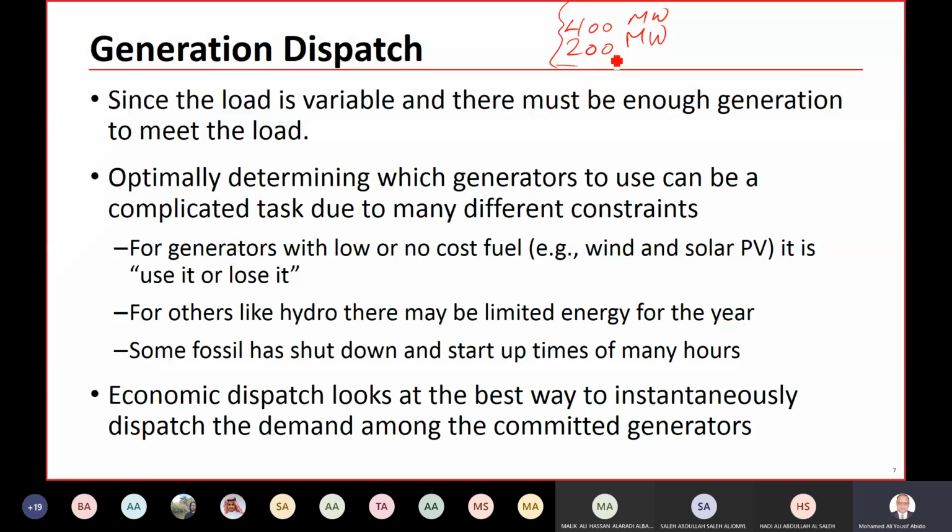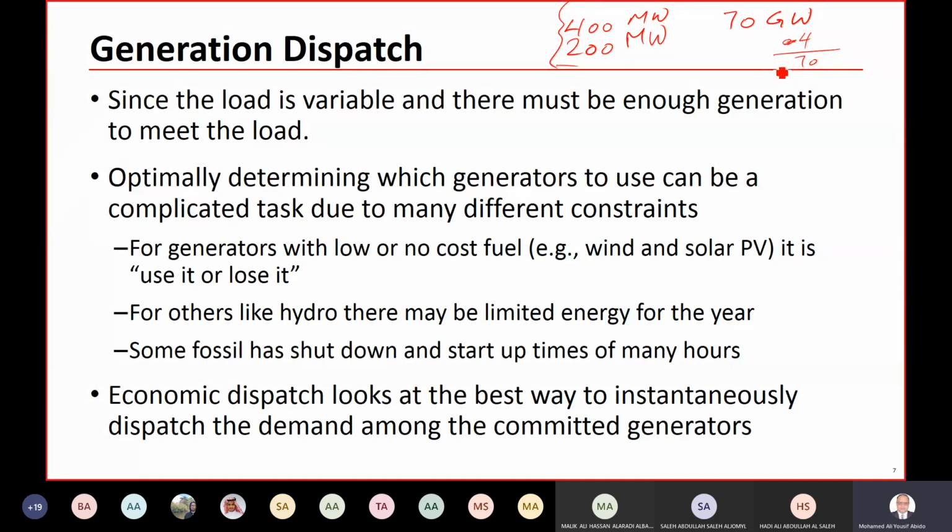If you are talking about the Saudi Arabia network, you have about 70 gigawatt, so 400 over 70.